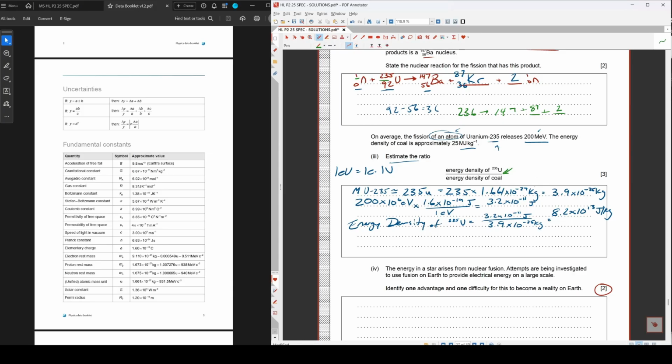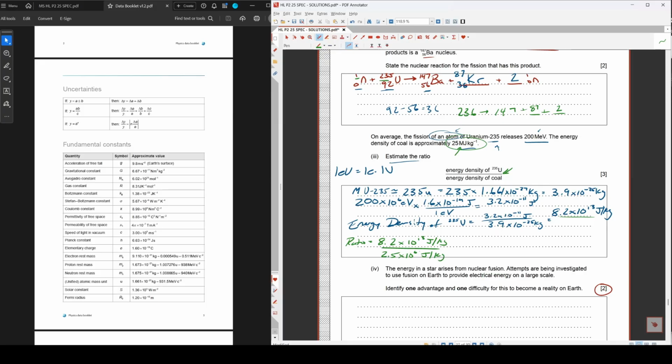But, all right, now I got to find this ratio. So there's the energy density of uranium. I have the energy density of coal. Be careful with the mega here. So our ratio that they're asking us for is this divided by the one they gave me, 2.5 mega joules per kilogram.